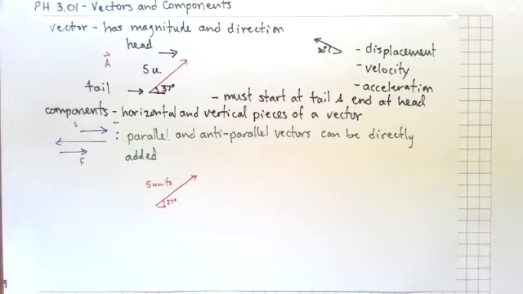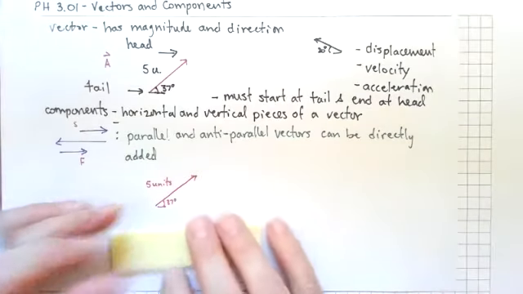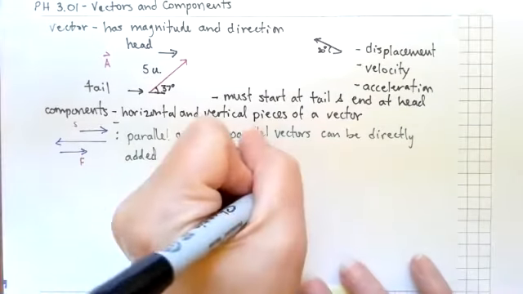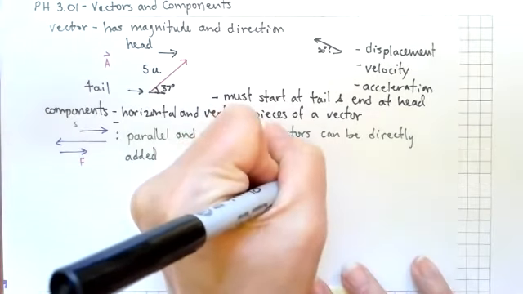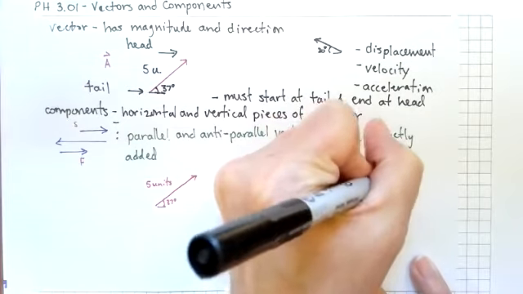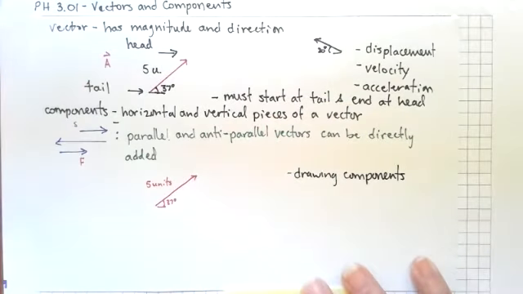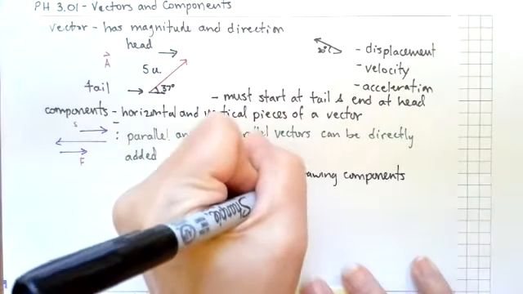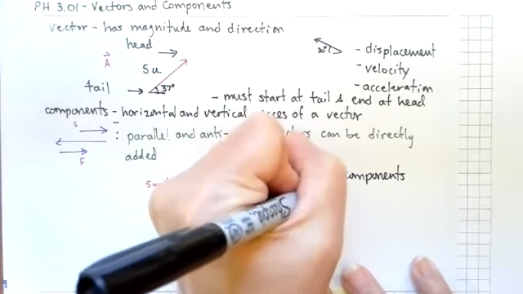All right, what I'm going to show you now is how to draw in the components of a vector. I paused it because I was looking for my ruler, which is nowhere to be found, so I made myself a quickie ruler. So when drawing components, you must start at the tail.